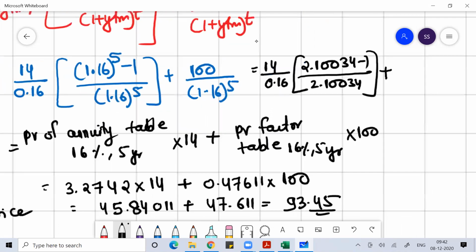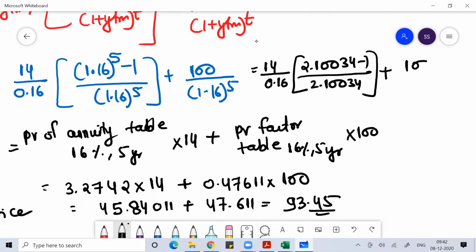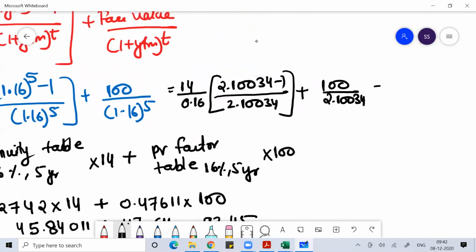This is 100 divided by 2.10034. You solve this, minus 1 divided by 2.10034 into 14 divided by 0.16.